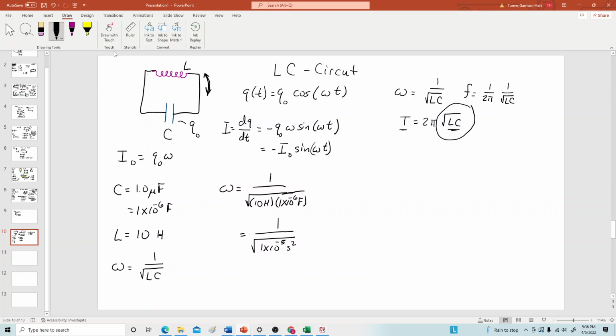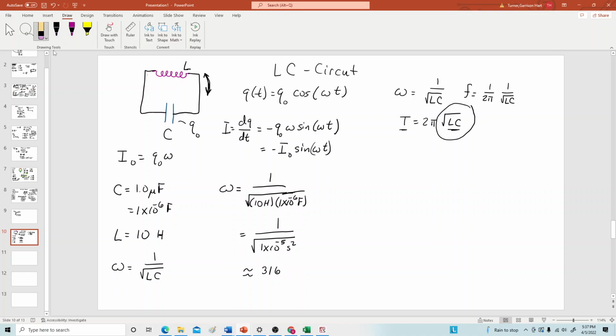And so if I take 1 divided by the square root of 1 times 10 to the negative 5, that's 316.2, but good enough for government work, we'll call it 316. So this is 316.